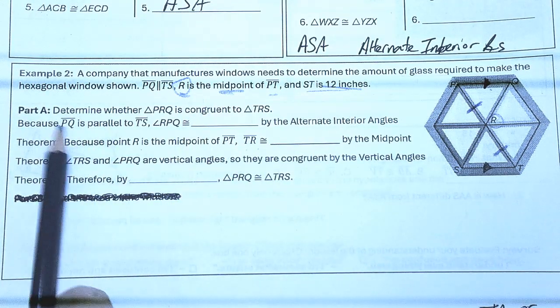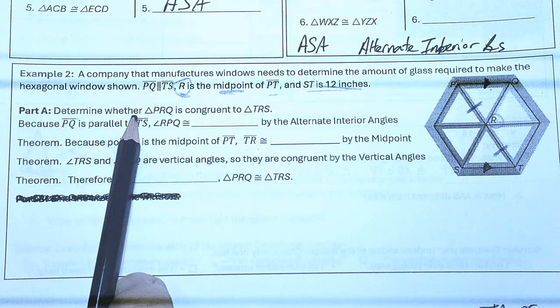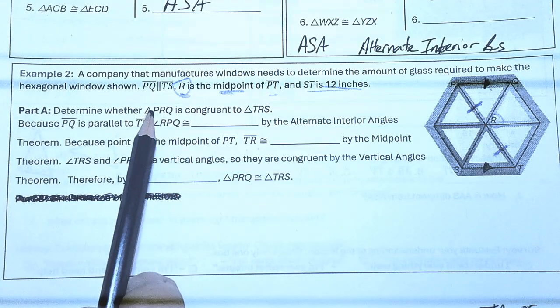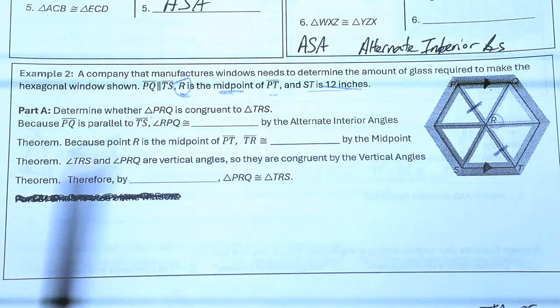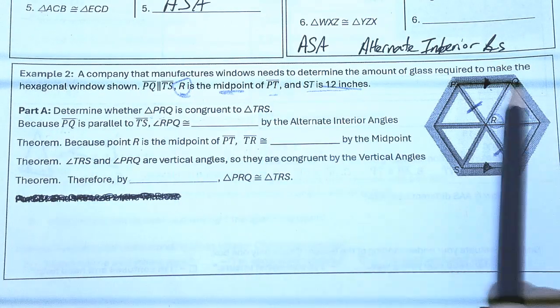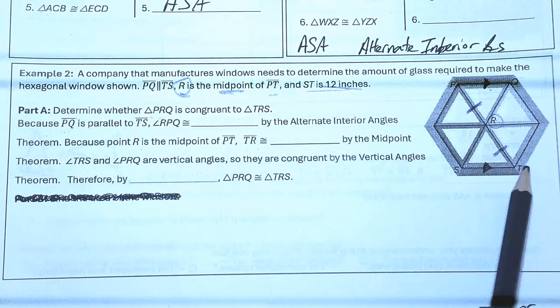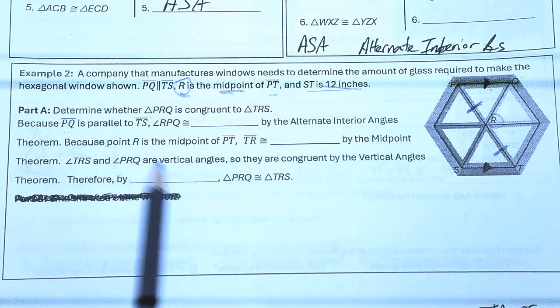Let's go through part A: determine whether triangle PRQ is congruent to TRS. Because PQ is parallel to TS, I guess I should have put the arrow the other way, that's fine.